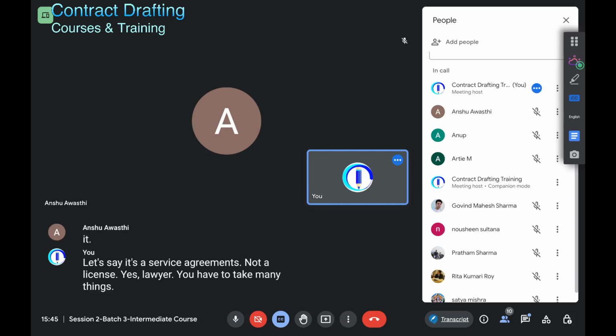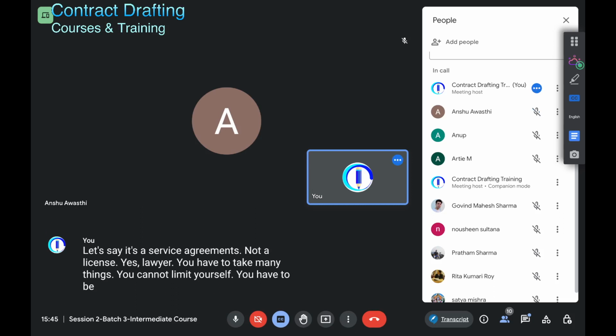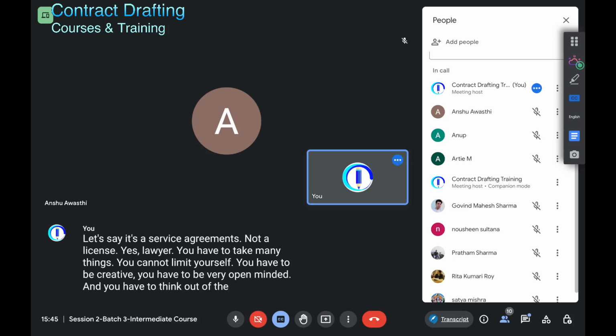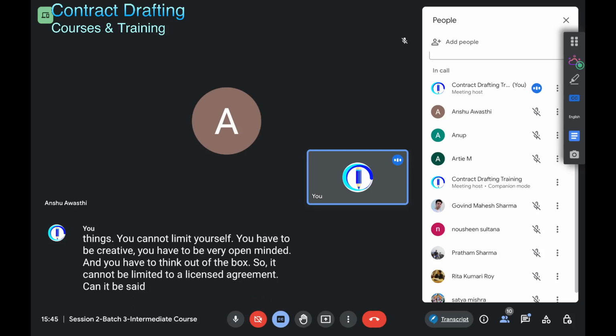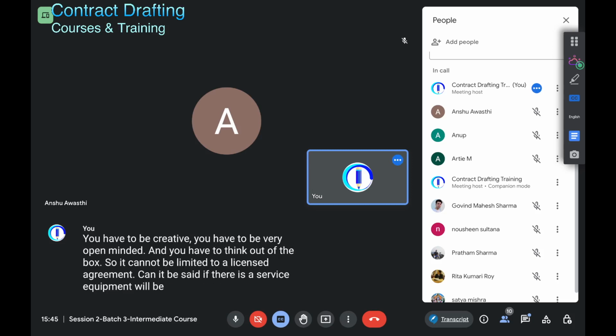You cannot limit yourself. You have to be very creative, very open-minded, and you have to think out of the box. So it cannot be limited to a license agreement. Can it be said that if there is a service agreement, will the obligation be the same? And if yes, then what will that obligation be?